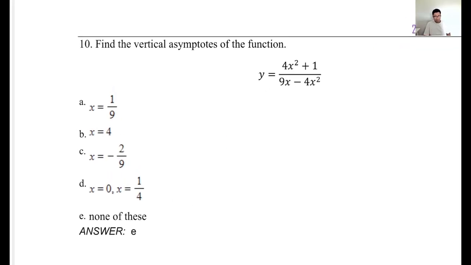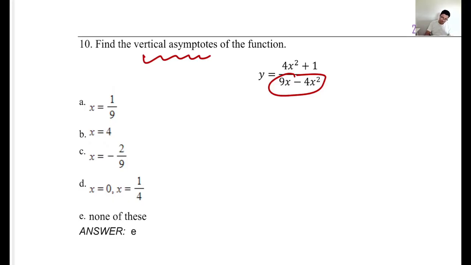Here is a question on vertical asymptotes. The idea is a rational function or a quotient function will have a vertical asymptote if the denominator goes to 0 but the numerator does not. Right?